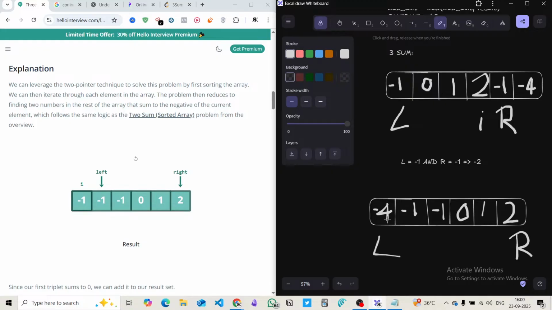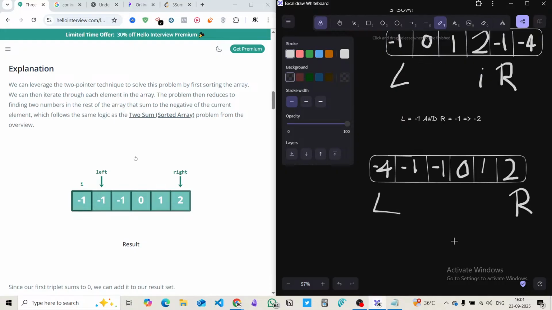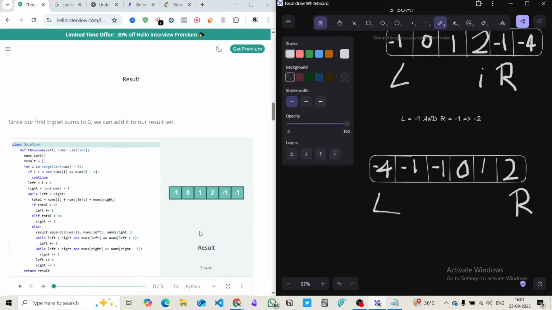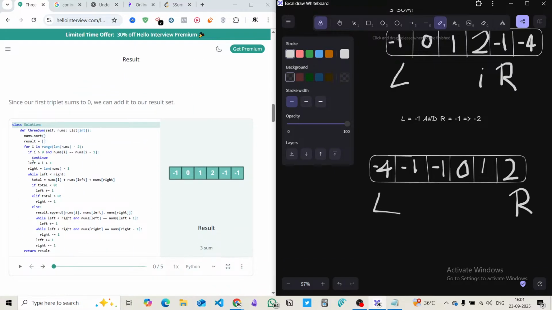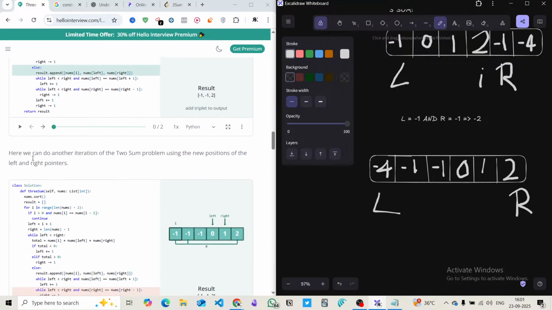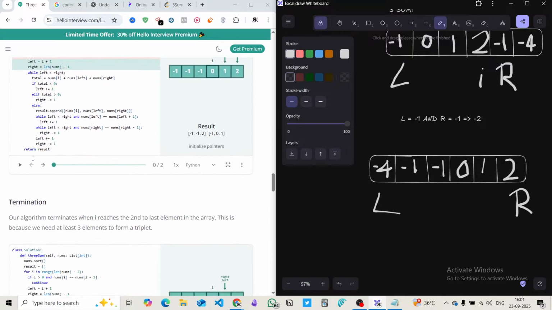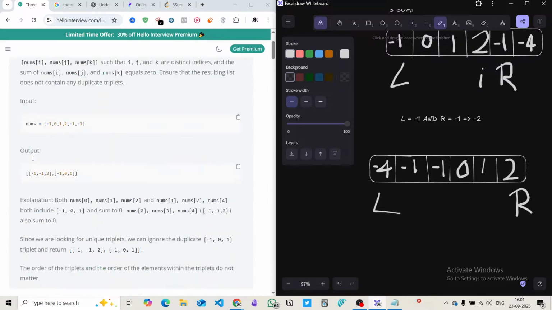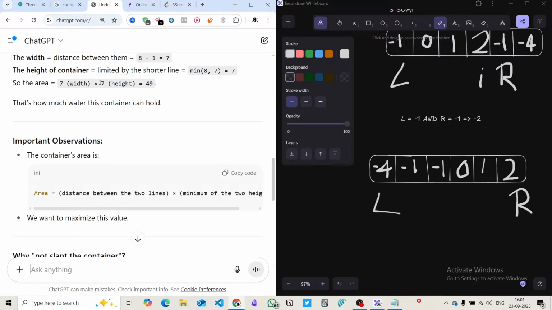So -4 plus 2 will be -2. So there is no plus 2 here. So now, what do we need to move? Just try to solve. Just ask GPT.